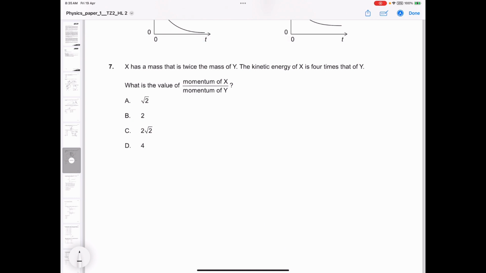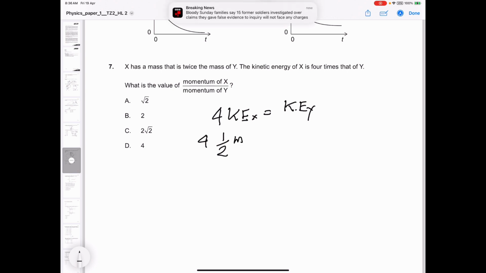Alright, number 7. X has a mass that's twice the mass of Y, and the kinetic energy of X is 4 times that of Y, and we have to find the ratio of the two momenta here, X and Y. So we're given that 4 times the kinetic energy of Y is equal to the kinetic energy of X. Alright, so then that means we can say 4 times a half m_x v_x squared is equal to a half m_y v_y squared.